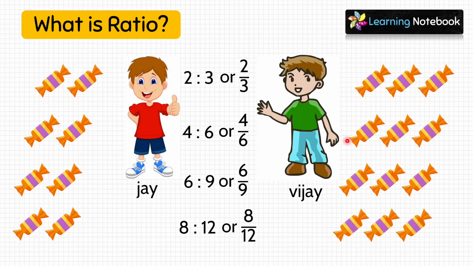Because their chocolates are always in the ratio of 2:3. So students, do remember that ratio will not tell you the exact quantity, but ratio is the comparison or relationship of quantities.